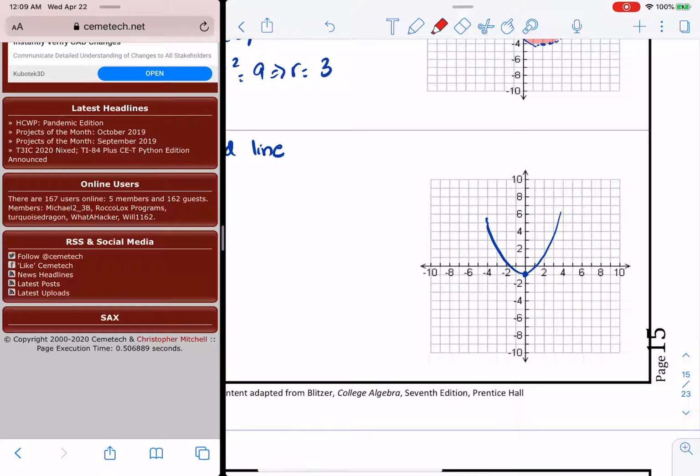So since we have less than, it has to be a dotted line. And the solution would be everything below the dotted line.